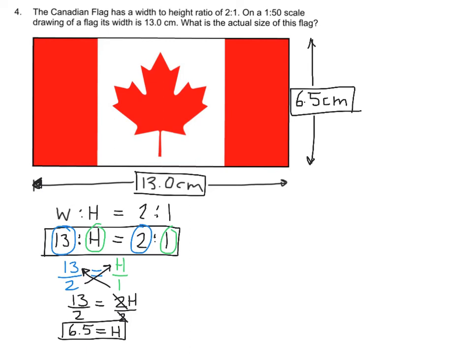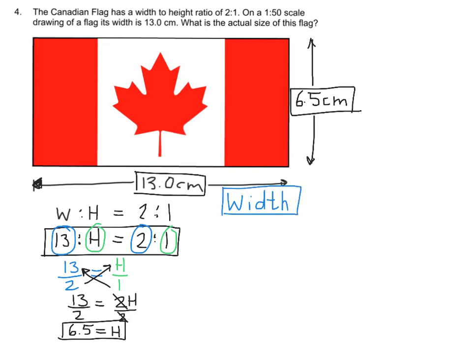Now, it says, on a 1 to 50 scale drawing of a flag, its width is 13 centimeters. What is the actual size of the flag? So what is the actual width? And then what is the actual height? So first off, I'm going to find the actual width first. Okay, so the actual width.